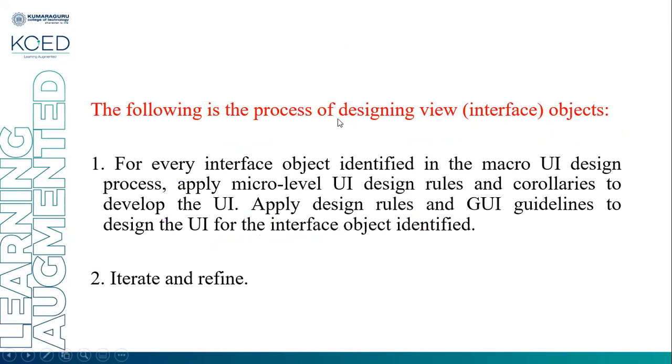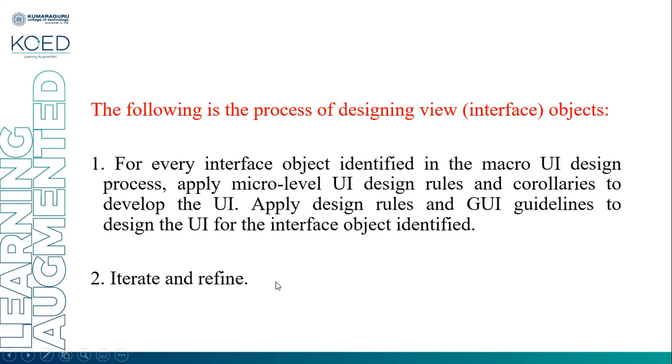The following is the process of designing view objects. For every interface object identified in the macro UI design process, apply the micro level UI design rules and corollaries to develop the UI. Apply design rules and GUI guidelines to design the user interface for the interface object identified.